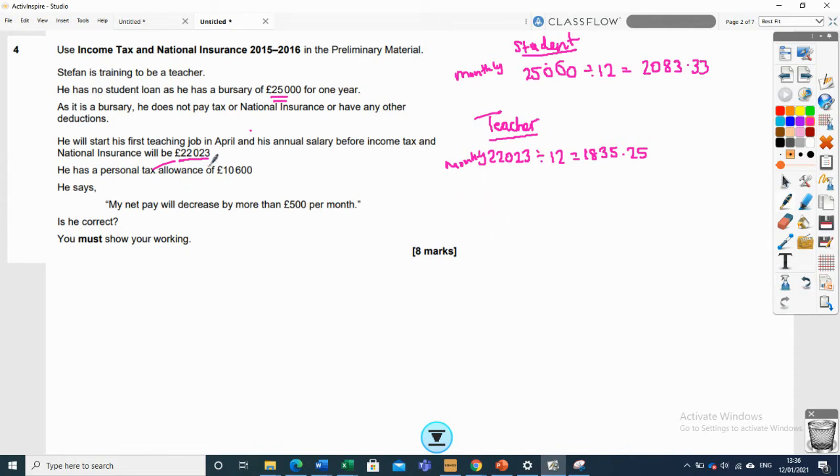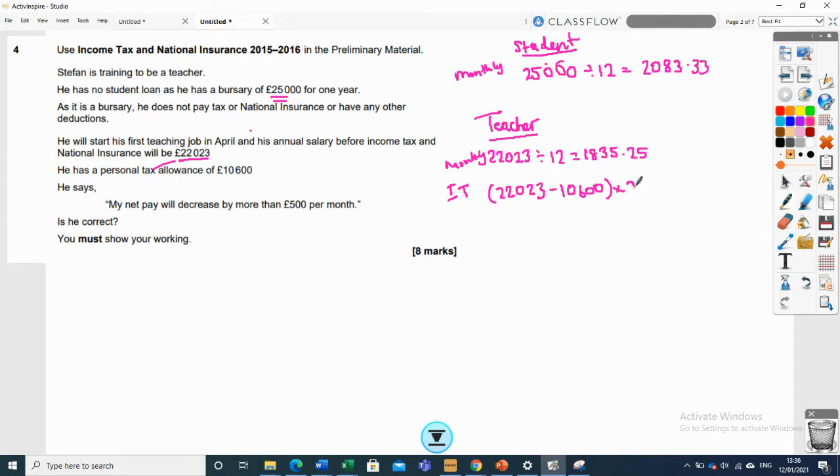Okay, but he's now paying income tax and national insurance. Income tax. Well, he doesn't have to pay anything up to £10,600. So the amount that he's going to pay tax on is the rest. And looking at the materials, he pays a basic rate of 20%, and that's up to £31,785.